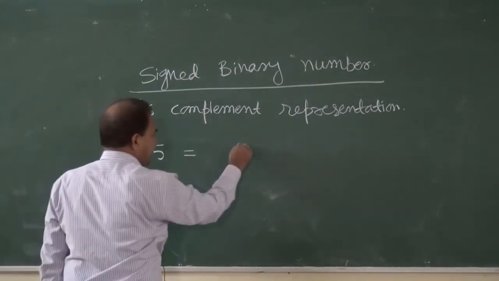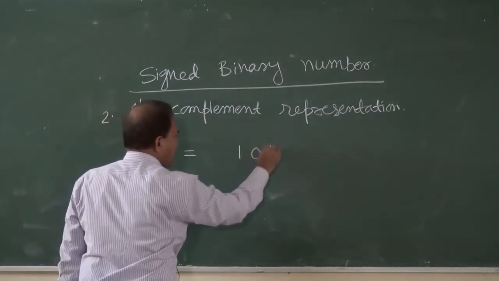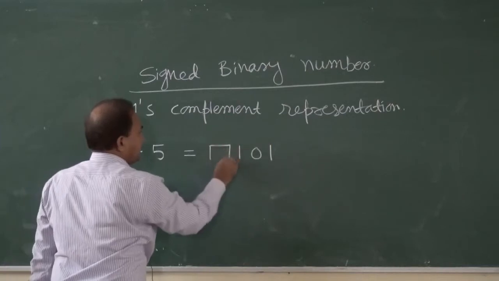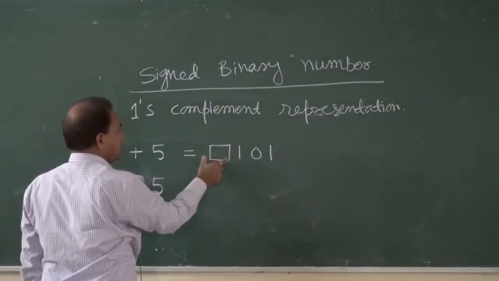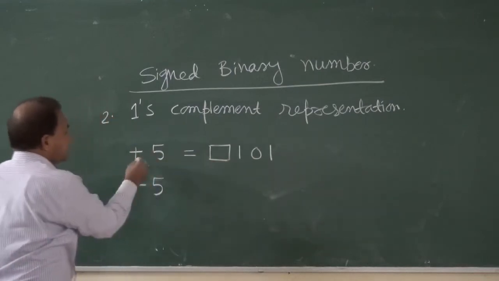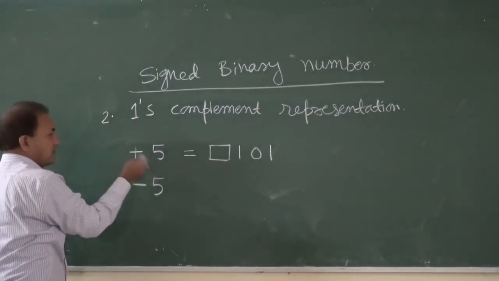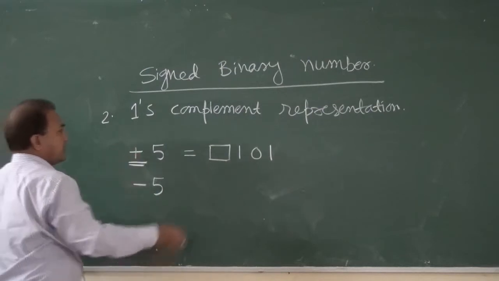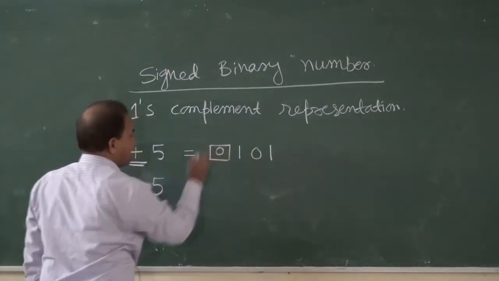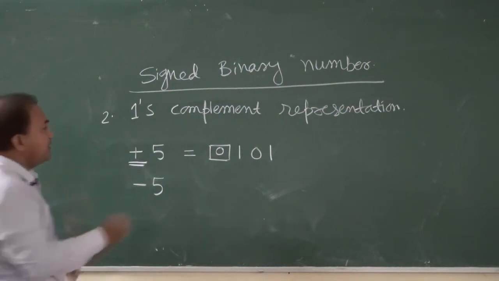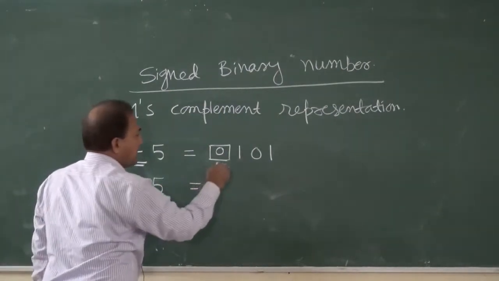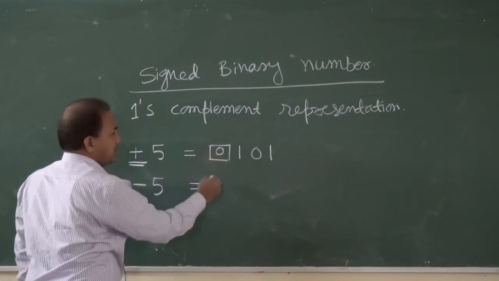So you write in binary 1 0 1, and the first bit is for sign, so you write 0. What you have to do in one's complement is just complement each bit.